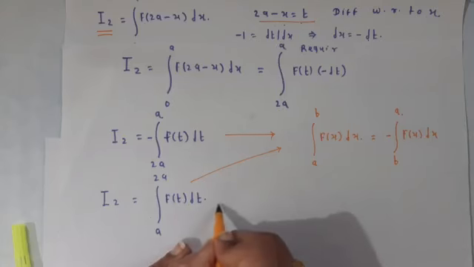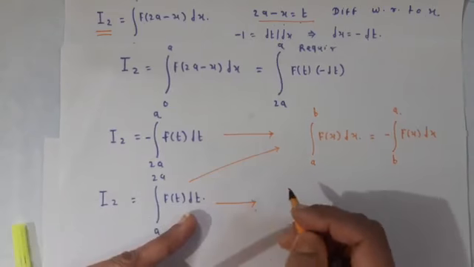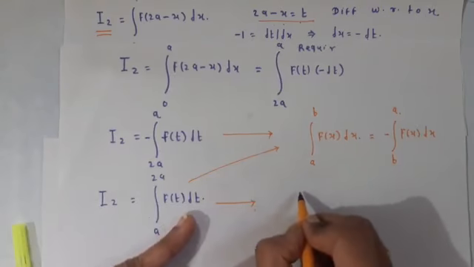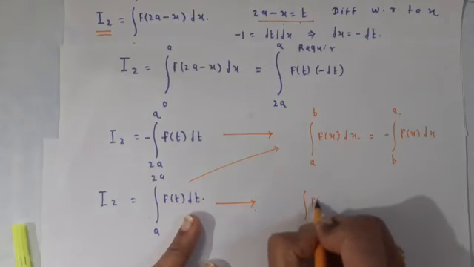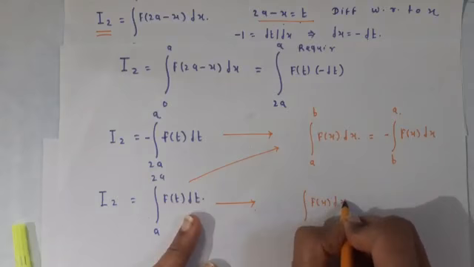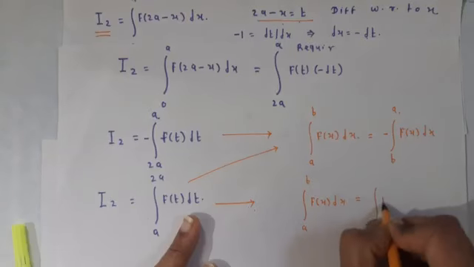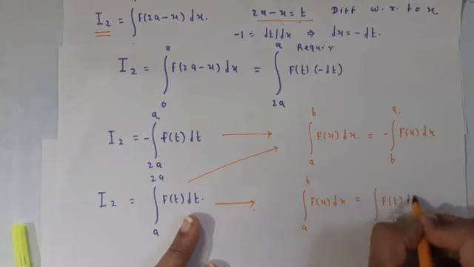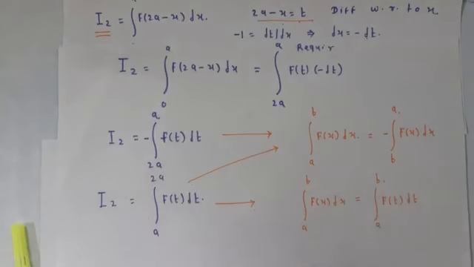Now again by using property number 3, that is the integration of f of x with respect to x from a to b equals the integration of f of t with respect to t from a to b by changing the variable.